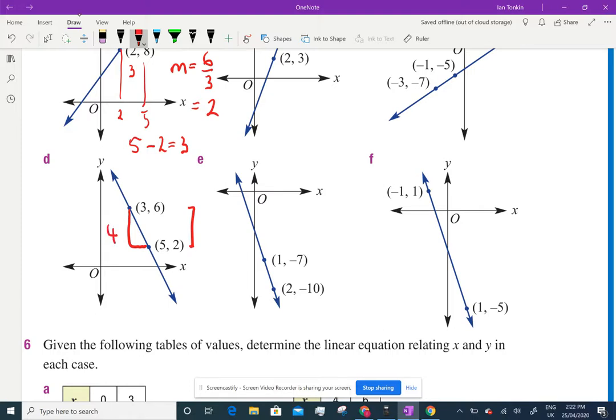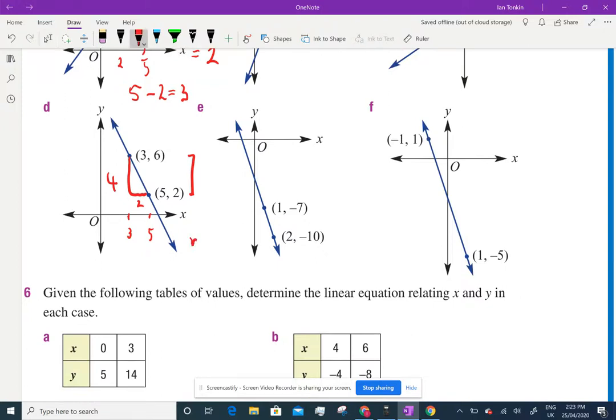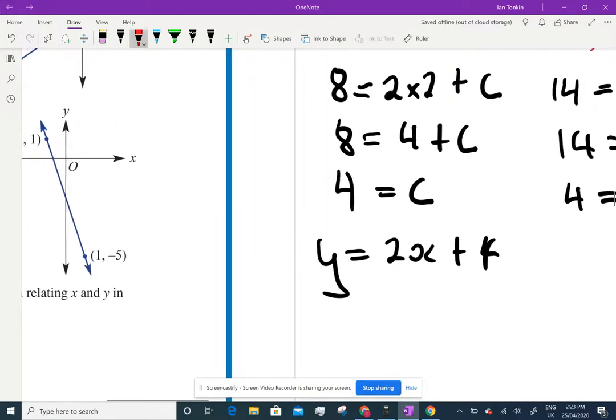And here I'm going from 3 to 5, and 5 minus 3 is 2. So the gradient here is m equals 4 on 2. But remember, it's going down, so it's negative. And 4 divided by 2 is 2, so the gradient is negative 2.